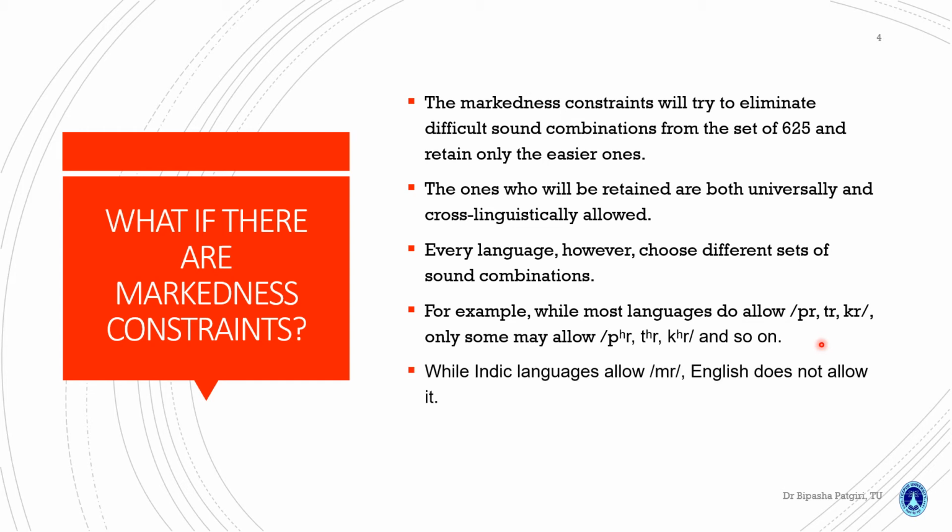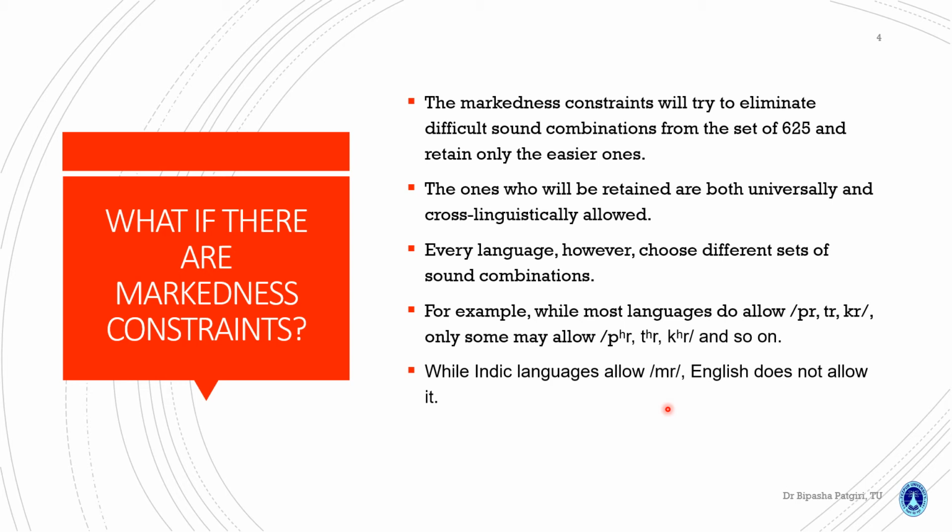While Indic languages do allow mra, English does not allow it. So we have in Indic languages words like mrityu, and that is true. And we also have words like nritya: mrityu for death, and nritya for dance. So we do allow mra and nra both because of the Sanskrit origin of these languages called Indic languages.